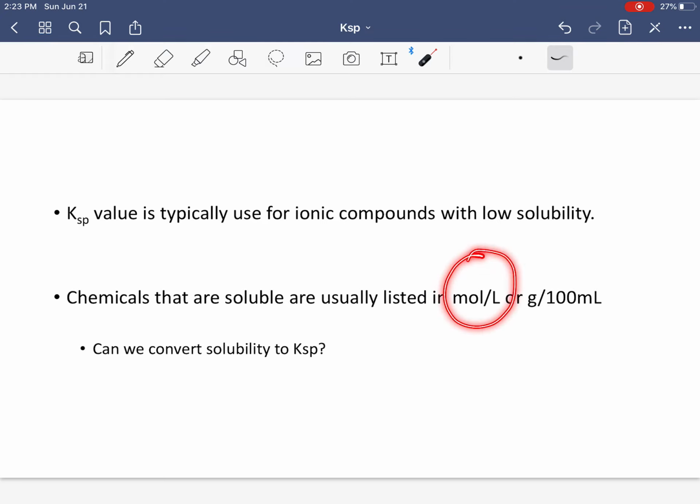Now, don't mistake this as molarity, okay? What we're saying here with moles per liter is how many moles of NaCl dissolved in 1 liter in order to reach saturation point. Okay, let me say that again. How many moles of NaCl per 1 liter of solvent, which is water, will it take to reach the saturation point?